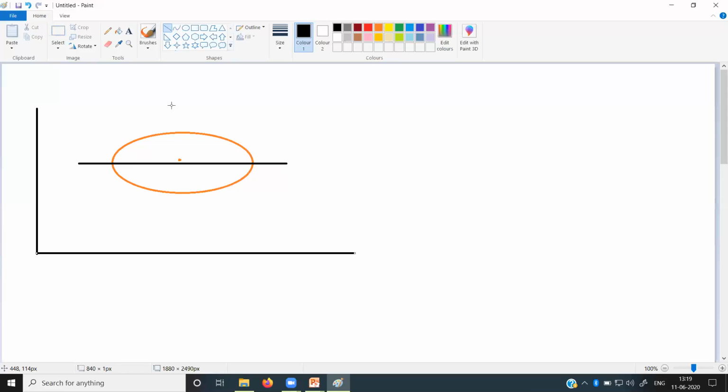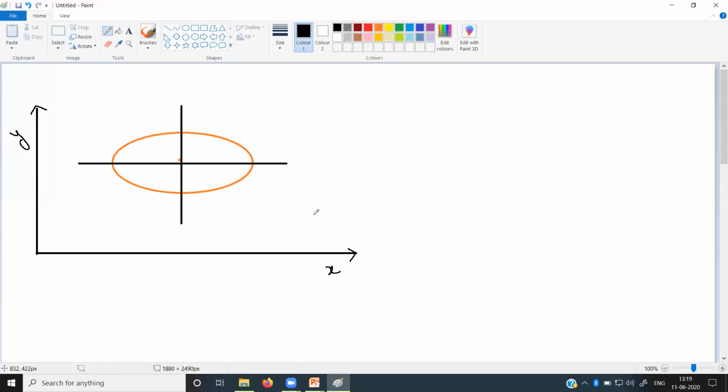So here we can also draw a line like this one. This line is parallel to the y-axis. And another important thing, let me write down, it is our x-axis and this is our y-axis.